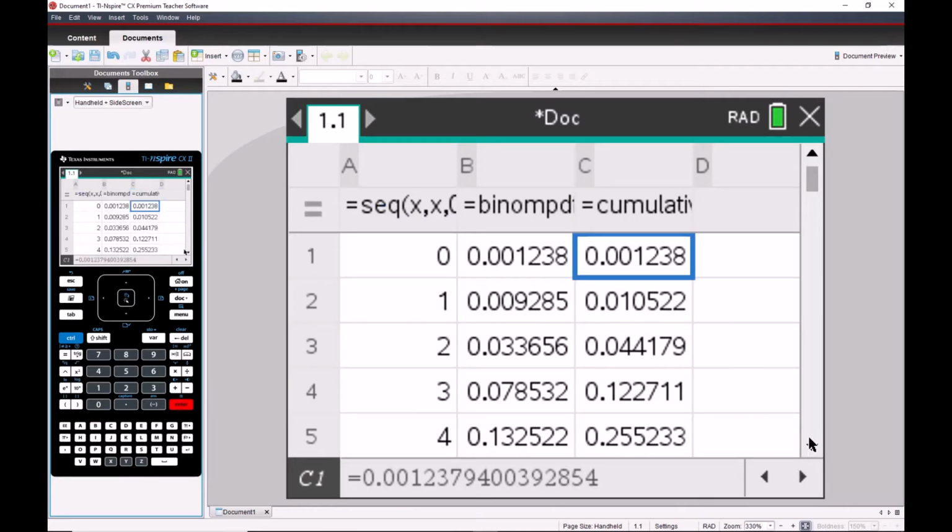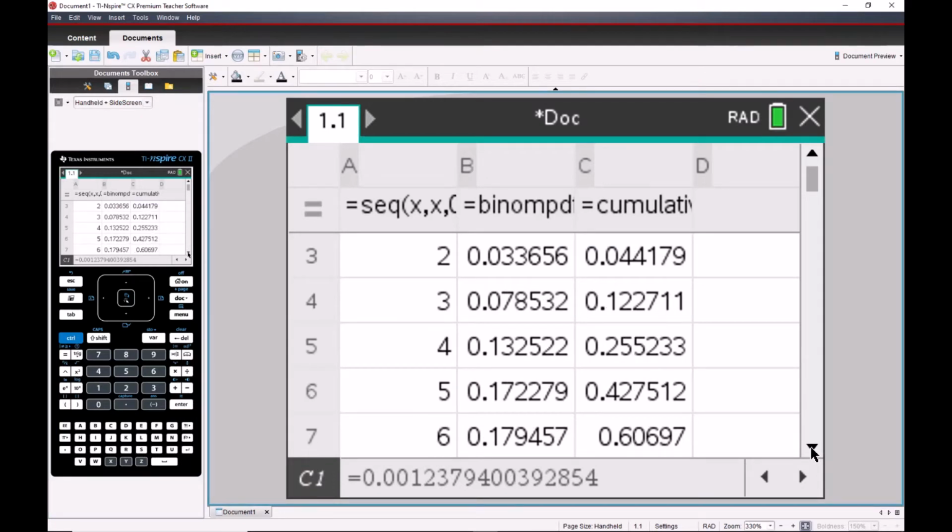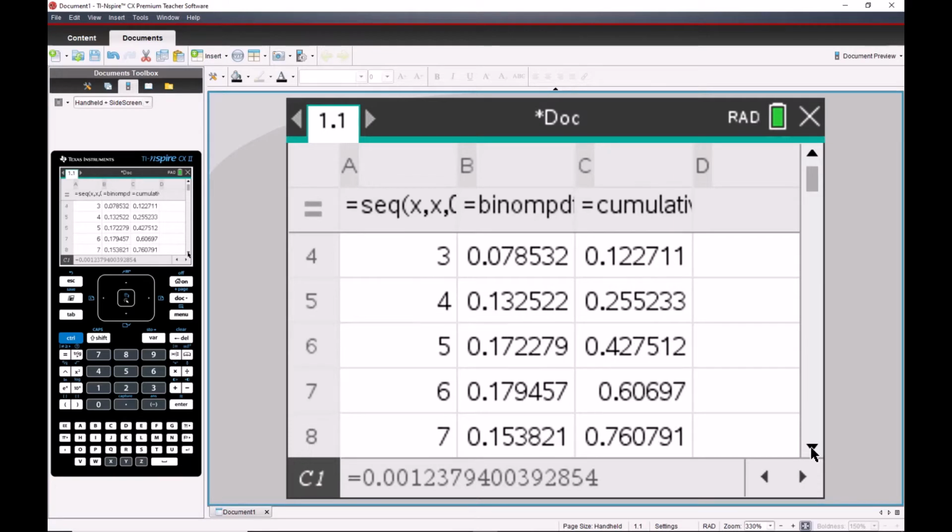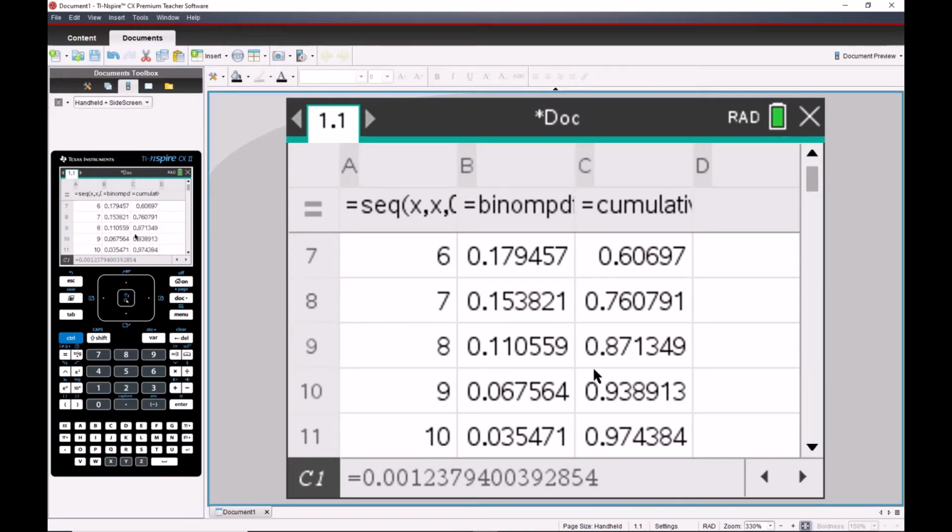All right, and what I want is to find out when we hit the 88th probability, because that's what it said. He needs to achieve an 88% probability. So if we keep looking, it's really somewhere between here and here, because that's 0.87, that's 0.94. So we're really looking at somewhere between 8 and 9.